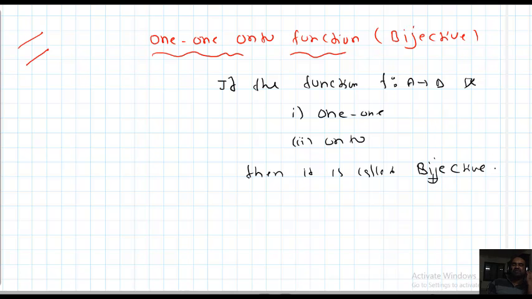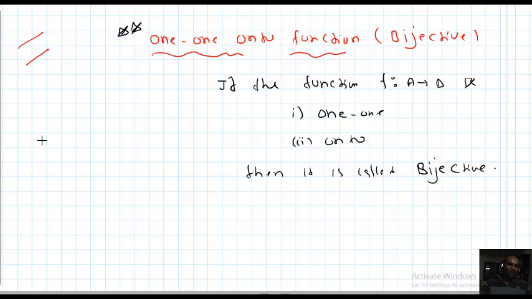Understood? A function is said to be bijective if it is both one-one and onto. That is the final conclusion. If a function is both one-one and onto, then it is said to be a bijective function, a special type of function. It should be one-one onto.